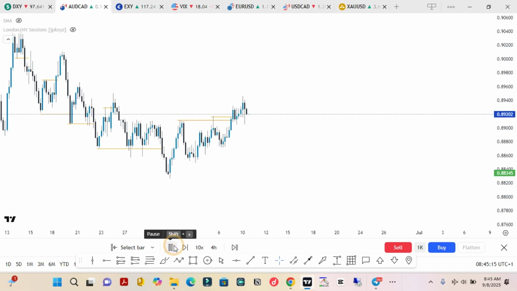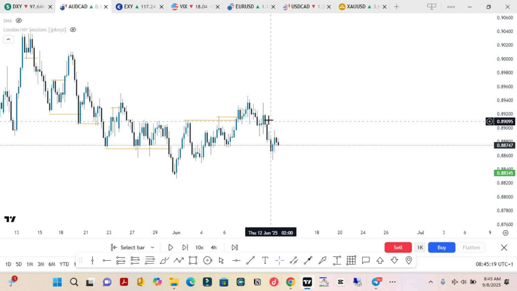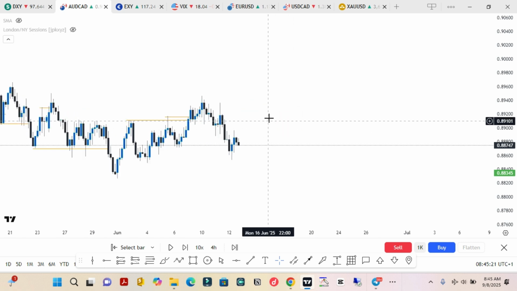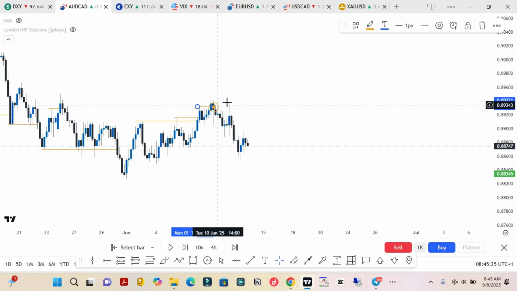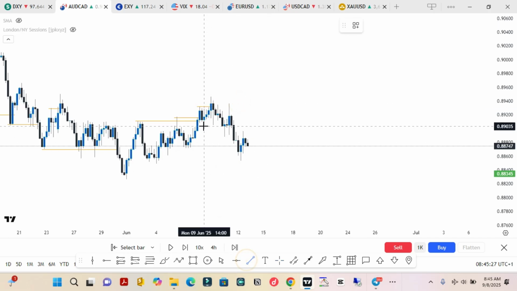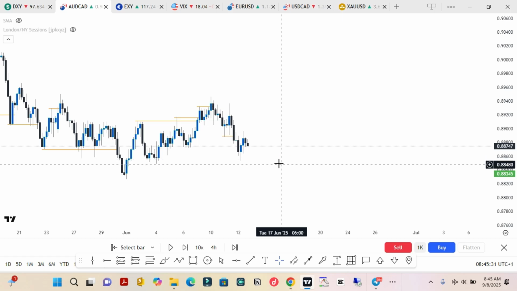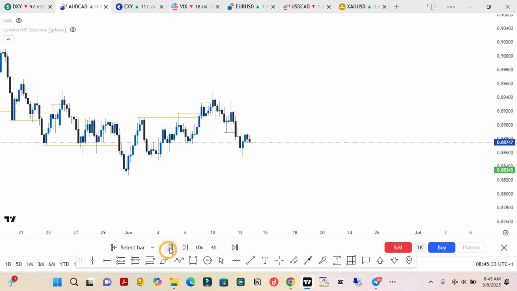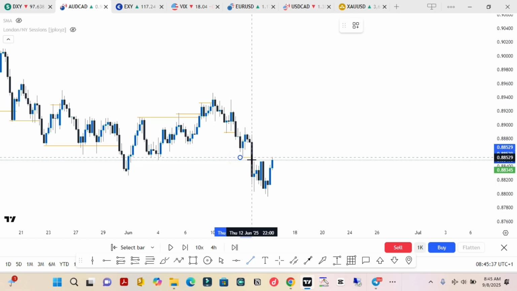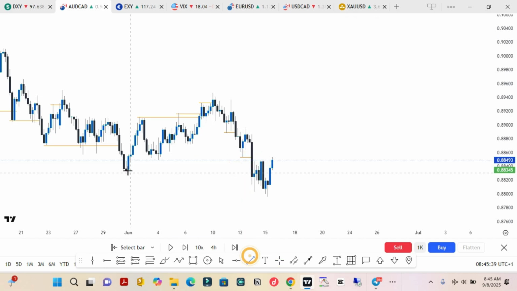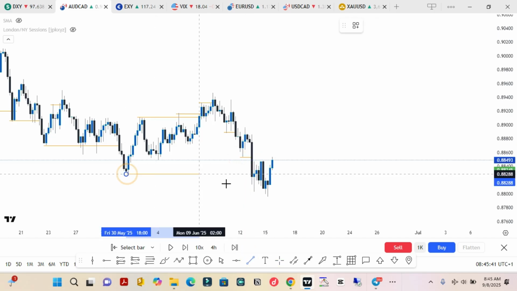Just as we are doing all these things, you should also be observing those substructures and the overall structure. You know where we started, and you should know what is happening with the chart now. So that's the break of structure right there. This is also a break of structure right here. So let's keep going. This is a break of structure right here, and this is also a break of structure right here.